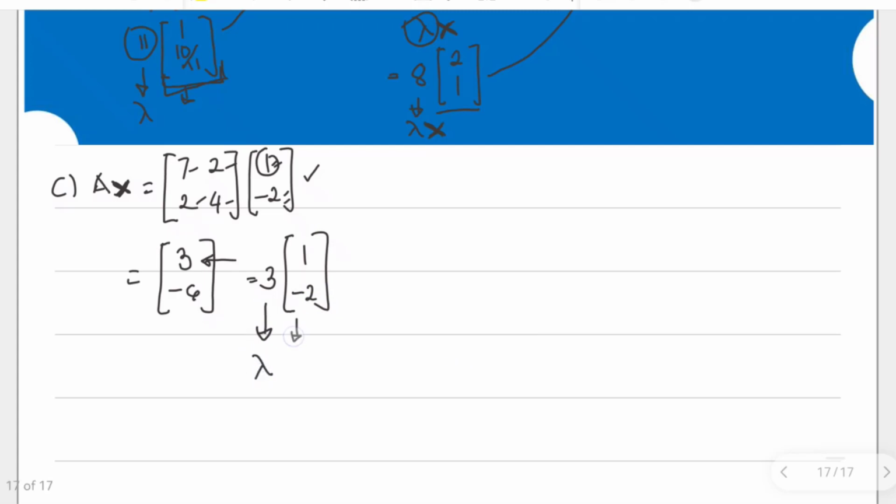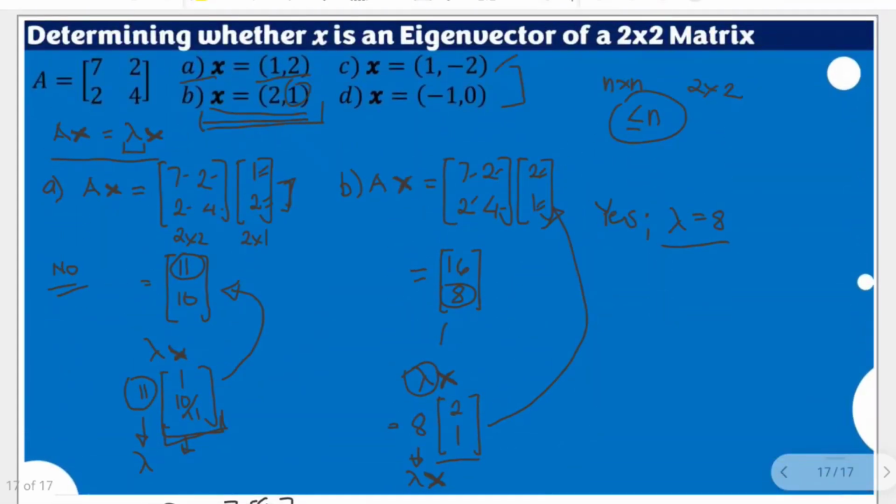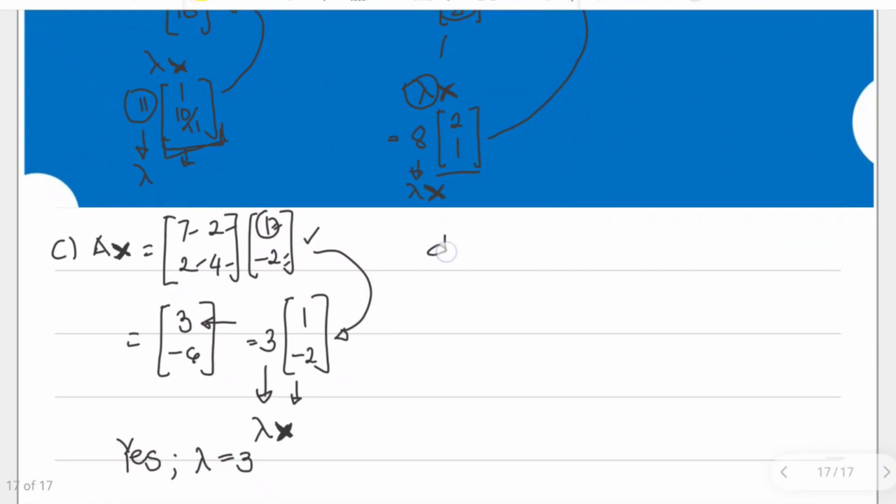And examining this, it is actually similar to the vector on letter C. In short, we have shown here that this is also an eigenvector of matrix A with lambda, the eigenvalue, equal to 3. We already have 2, and with this, again, we're only having less than or equal to n. So we might say that our vector D is no longer an eigenvector, but just for the purpose of the illustration, let's try to come up with the same process here.